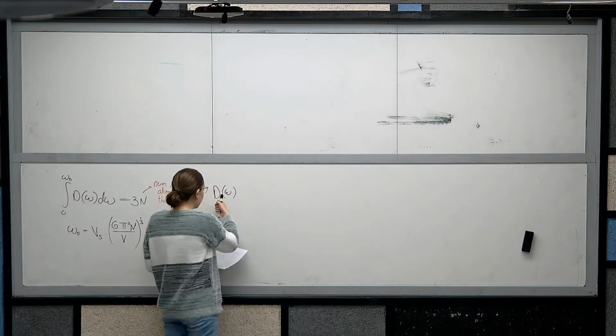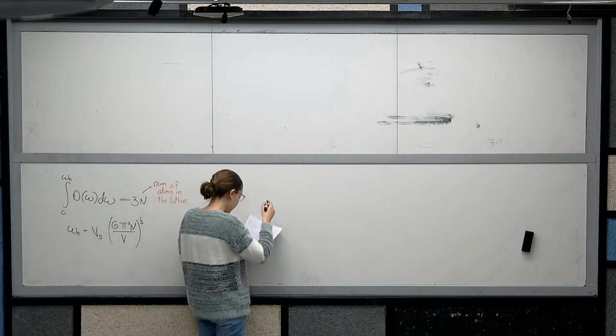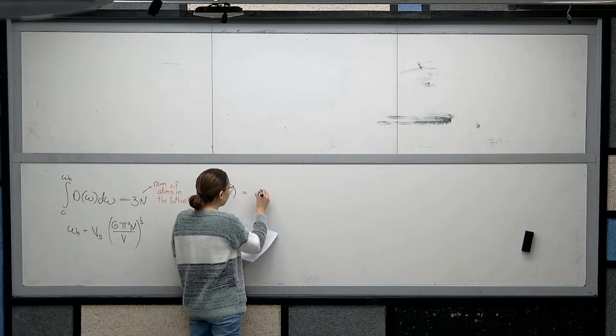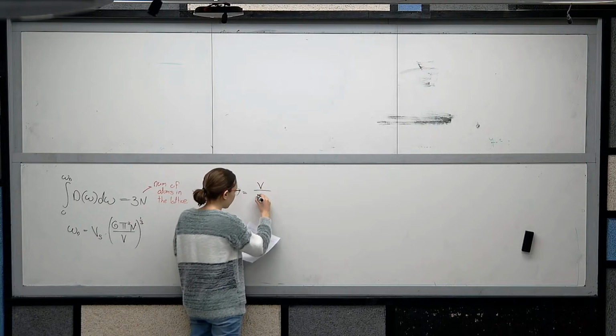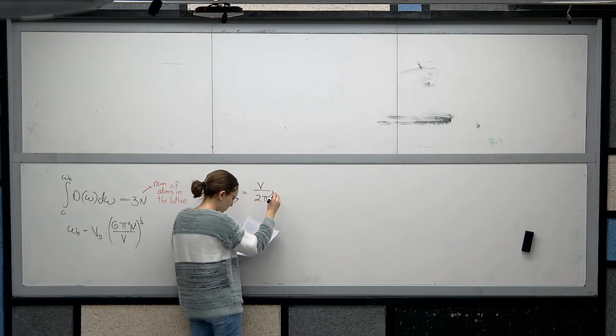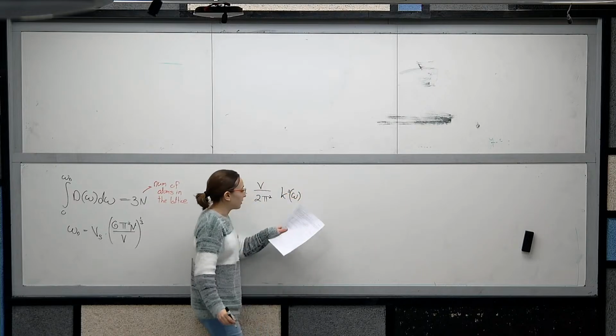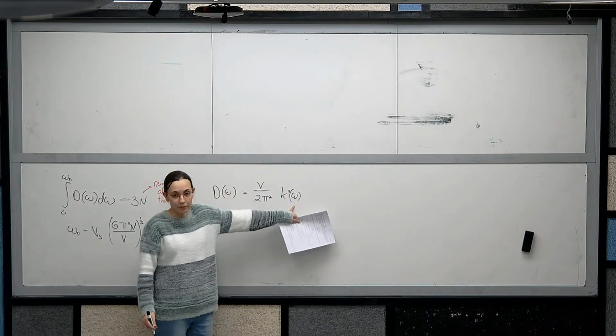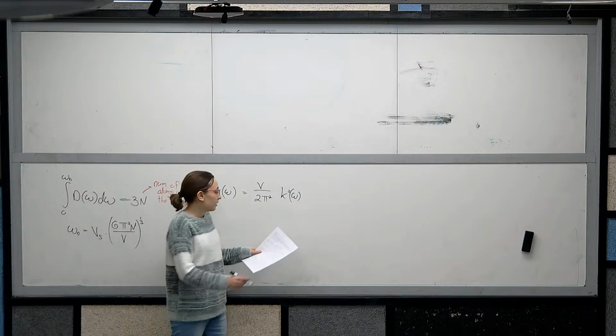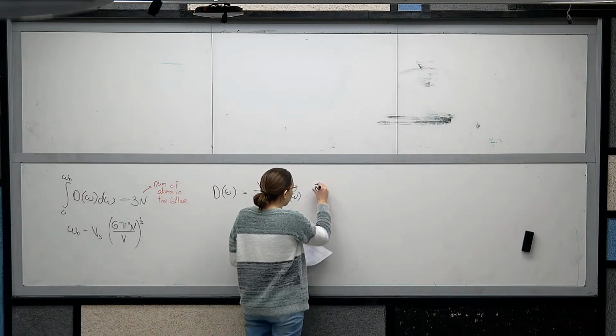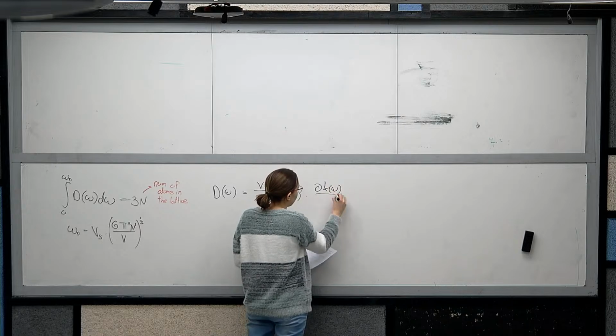The density of states is V divided by 2 pi squared, times k squared as a function of omega, times the derivative of k relative to omega.